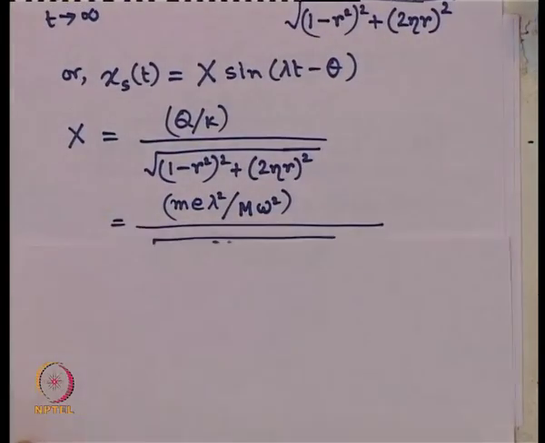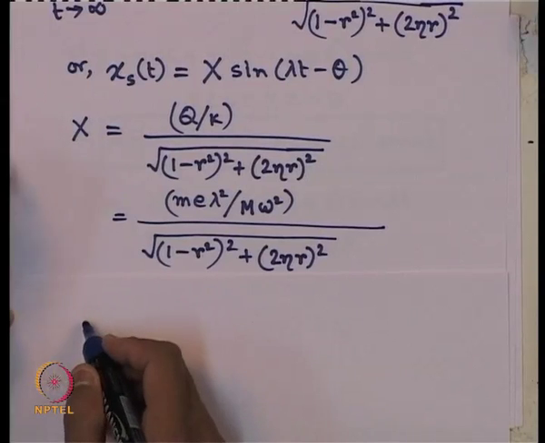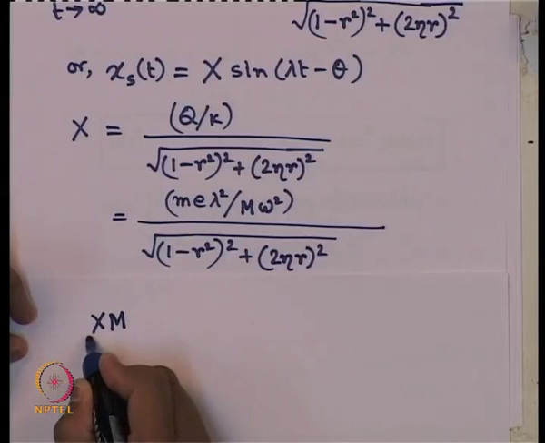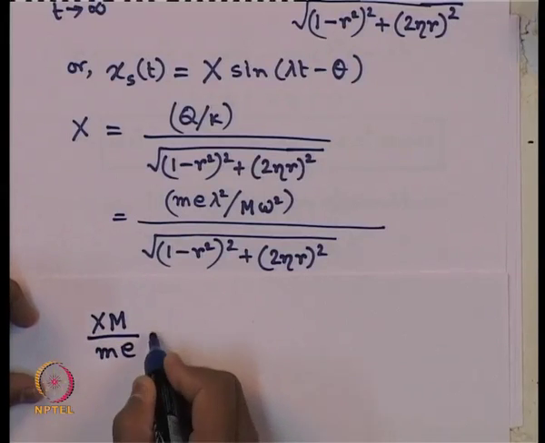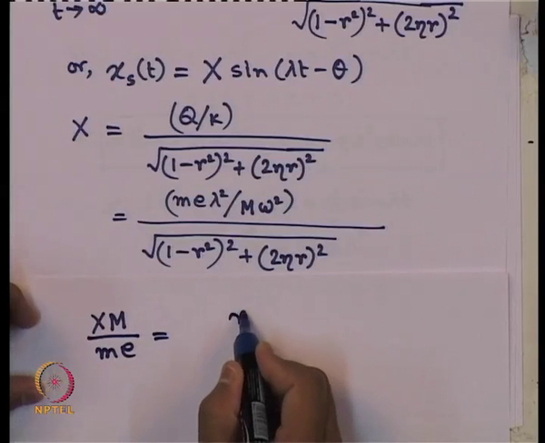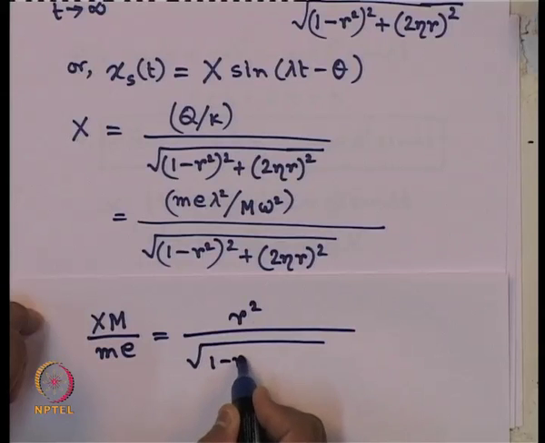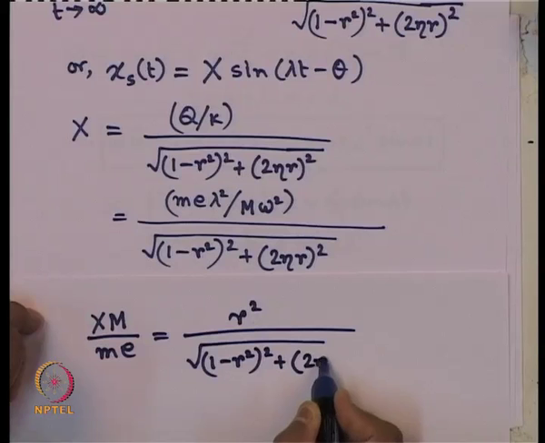So, I am simplifying it like this: X capital M by small m e equals to r square by root over 1 minus r square whole square plus 2 eta r whole square.